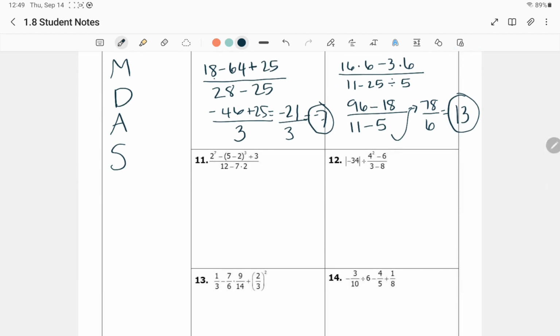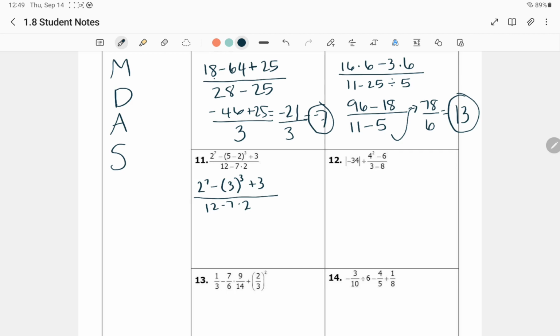PEMDAS. All right, I see parentheses, so we're going to rewrite the other things first because we have to do the parentheses first. 2 exponent 7 minus, we have parentheses 5 minus 2, which would be 3. And then that's cubed, plus 3 over 12 minus 7 times 2. All right, let's do our exponents now. We have 2 times 2 times 2 times 2 times 2 times 2.